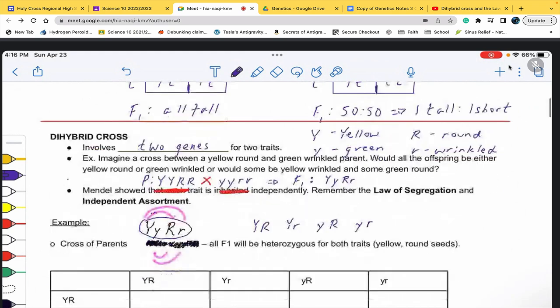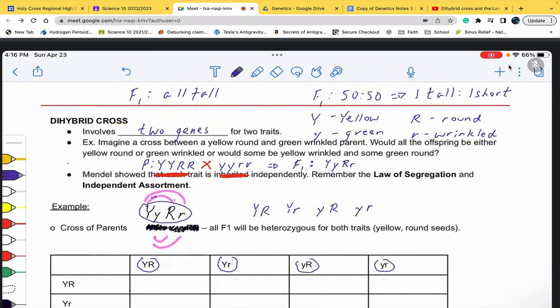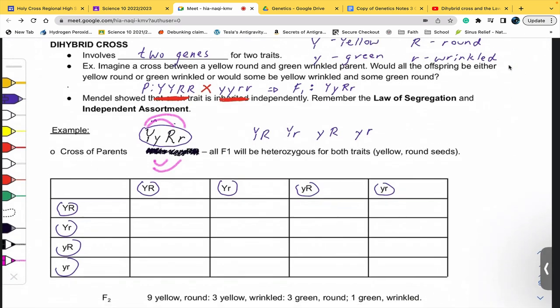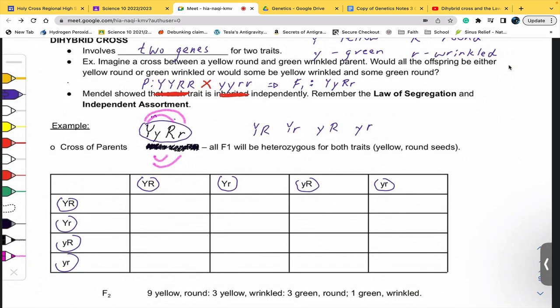Okay, and that's what we have here. We've already got them placed in the Punnett square, both horizontally and vertically here. And we're going to cross them just to see what we get. So we'll cross them and we'll see.